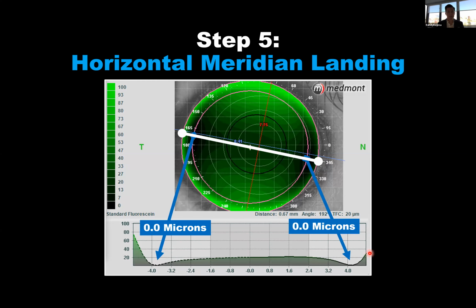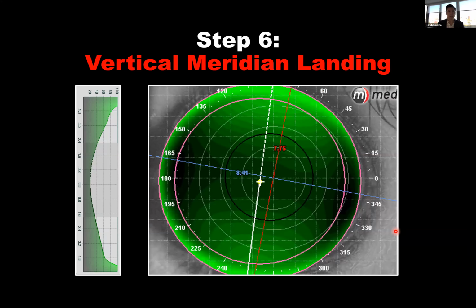Okay, so we've got the lens landing at 3 and 9 o'clock. It's going to have its point of touching down on the eye surface. Then along the vertical meridian, this is where things may get a little interesting, where the cornea is steeper, where the cornea is deeper. So if we were to build a symmetric landing lens for an eye that's very toric, 3.5 diopters of corneal astigmatism, you see a massive amount of fluid at 12 and 6 o'clock.